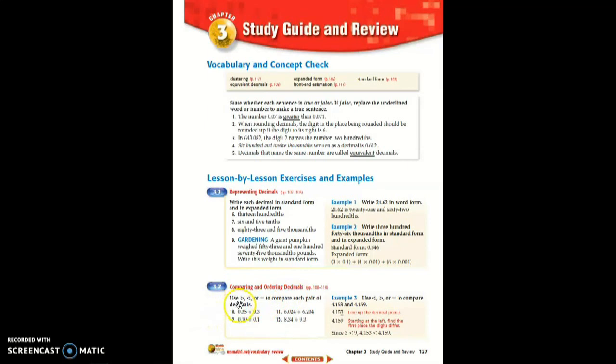3-2. Comparing and ordering decimals. Use greater than or less than to compare each pair of decimals. Example 3.